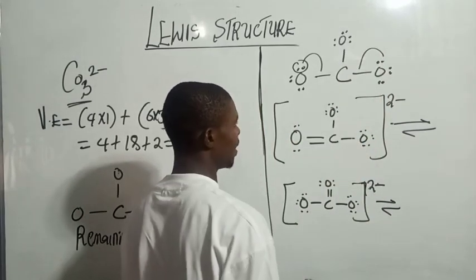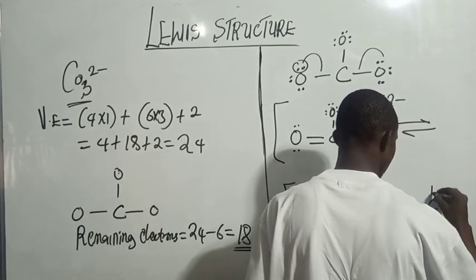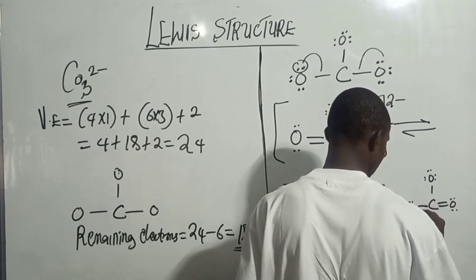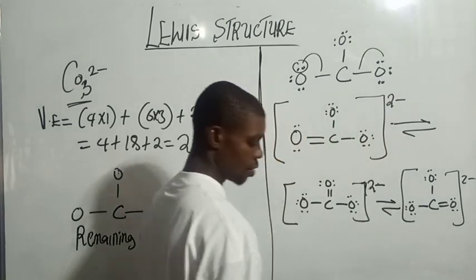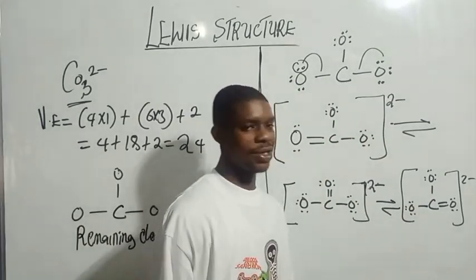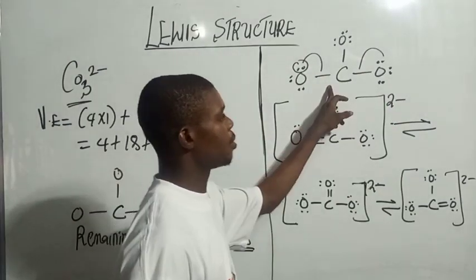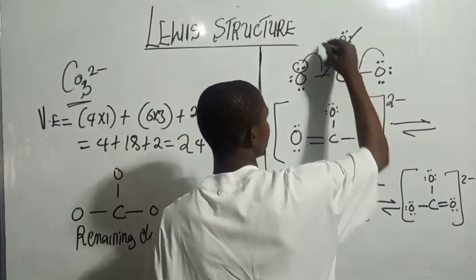If I take from here, I have this. So here we have 3 resonance structures, 1, 2, and 3. Remember, this is not a Lewis structure because the carbon atom does not have an octet. So it's not considered as a Lewis structure.